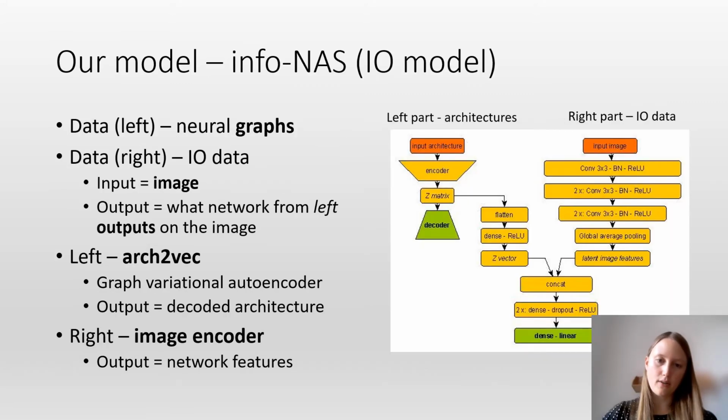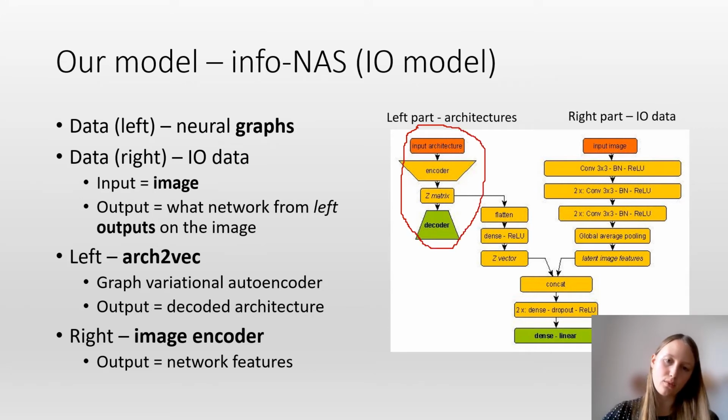To illustrate how exactly we extended it, on the left, that's a graph variational autoencoder, that's arc2vec, and it takes as an input neural graphs and tries to reconstruct them. So the first output is a graph, and on the right, that's how we extended it.